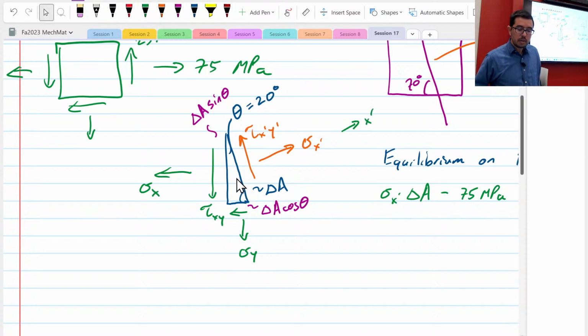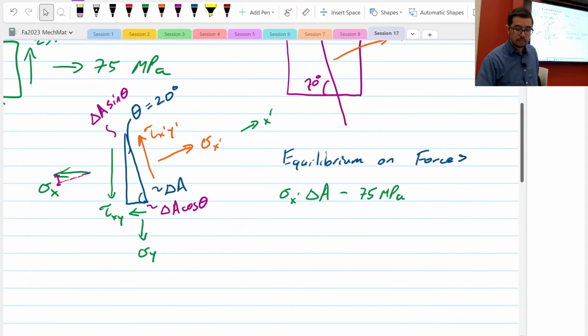So now the component of this sigma x that's acting in the x prime direction is that one, right? And that's in the opposite direction of x prime. So it's negative. So x prime is the positive direction.